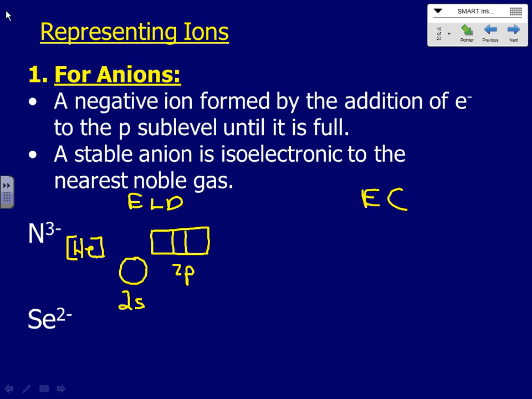In the regular energy level diagram for nitrogen, we have 2 electrons in the 2s. Here we're really talking about our valence electrons. When we do a core energy level diagram or a core electron configuration, we're not worried about those inner electrons. We're only worried about the valence electrons.